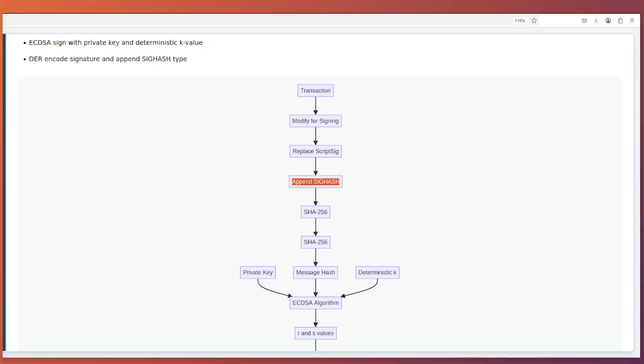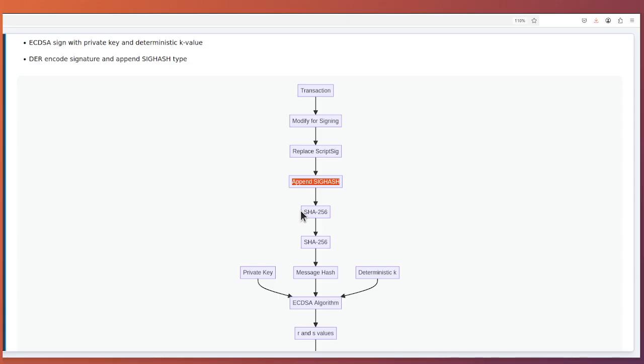Other SIGHASH types include SIGHASH_NONE, which does not sign any outputs, and SIGHASH_SINGLE, which signs only the output with the same index as the input. There is also SIGHASH_ANYONECANPAY, which can be combined with the others and indicates that the signature only covers one input.